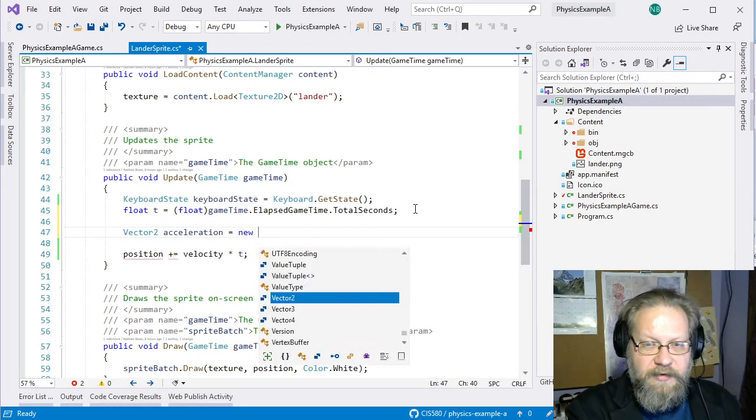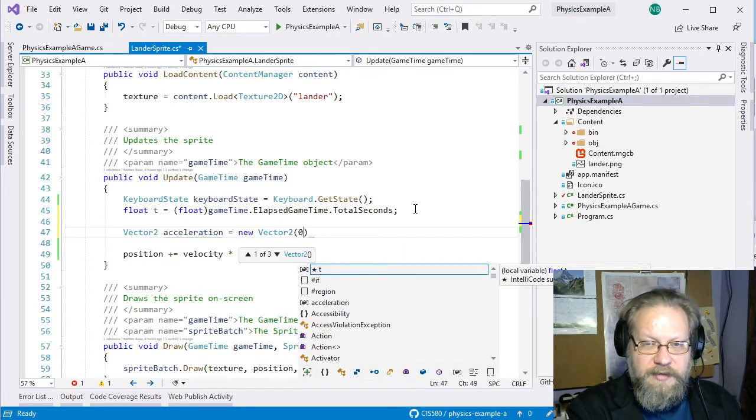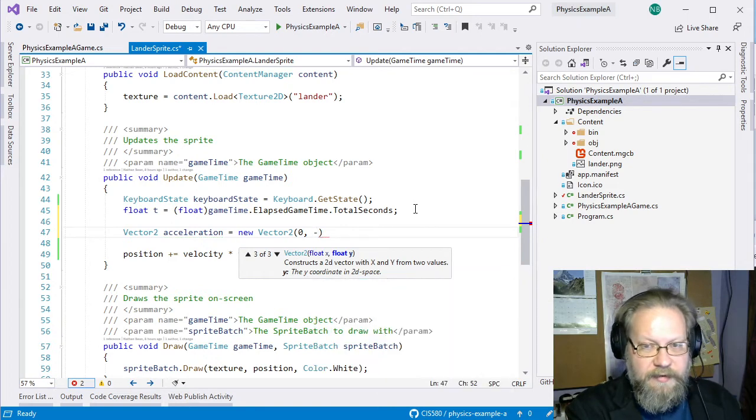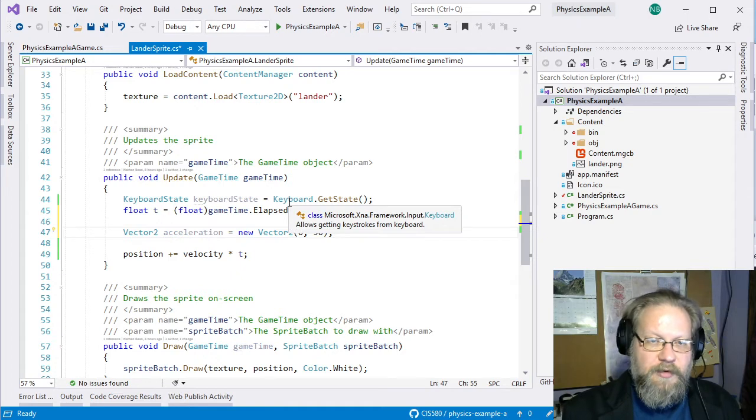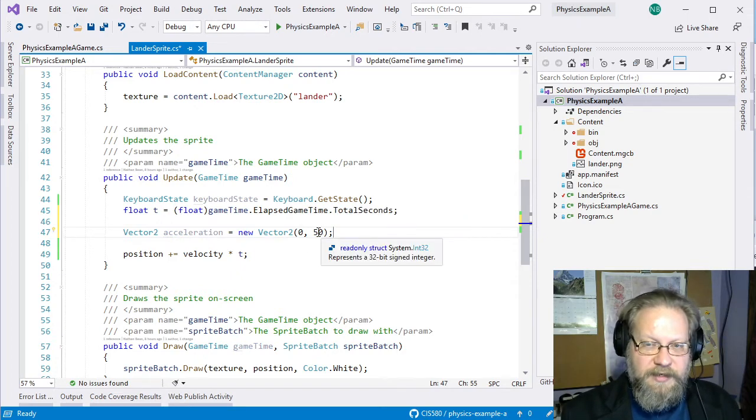So let's do a new Vector2, and let's make this 0 and 50, because remember, positive y is downward. So this is going to pull our ship down at a constant acceleration of 50 pixels per second squared. So this is an acceleration vector.